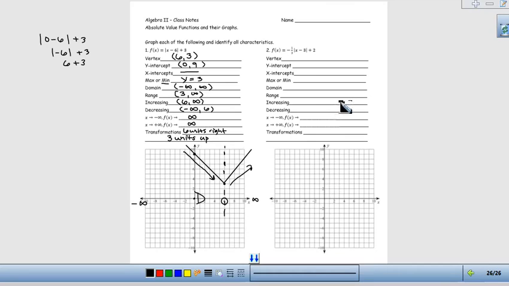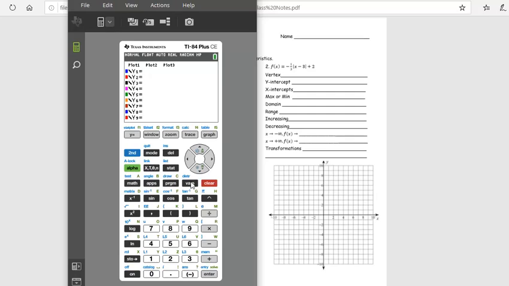All right, in number 2, we're going to use a graphing calculator just so you can see how we can identify things in the graphing calculator using our table of values. To enter our equation, make sure you go to your y equals and clear out any previous equations. If a negative comes at the front of your equation, use the negative button at the bottom of your calculator.